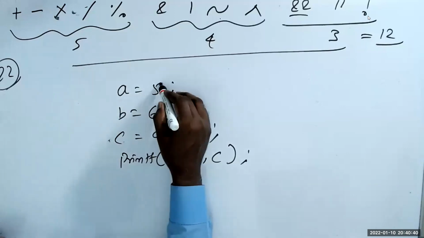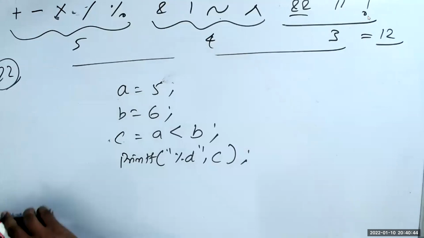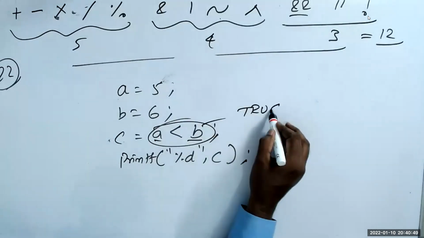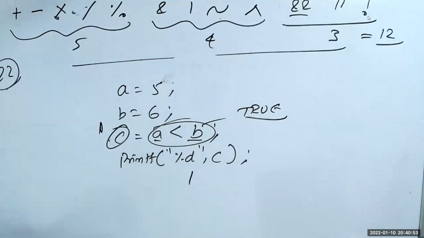This is true. Sorry. Here, A less than B. This condition is true. So C becomes 1, output becomes 1. Learn to give answers. That will be good for you.